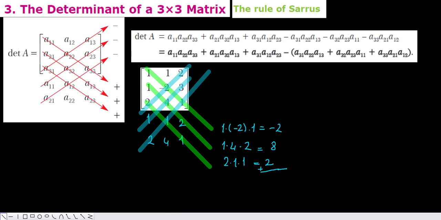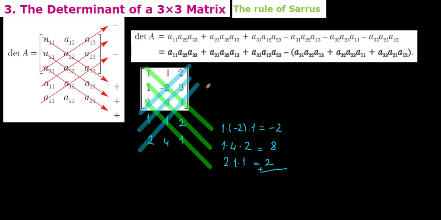What are these numbers? 2 times -2 times 2 is equal to -8. 1 times 4 times 3 is equal to 12.